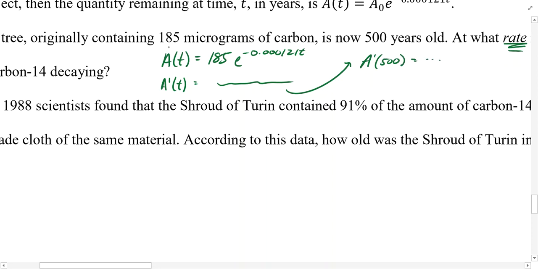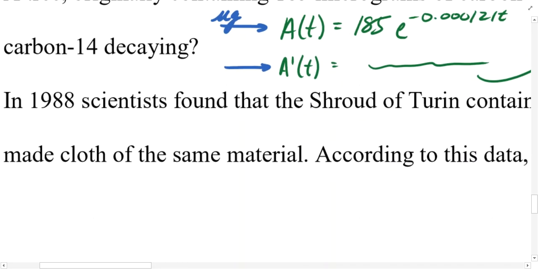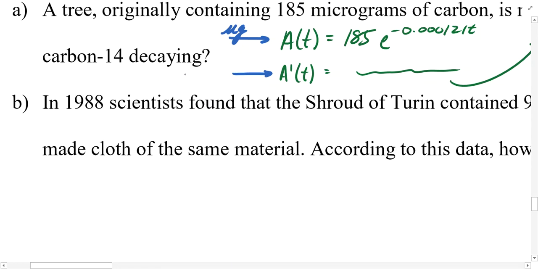So again, this first function tells us how many micrograms remain. So we have micrograms as our unit, but this function tells us the rate at which the item is decaying, and so this would be micrograms per year, our rate.